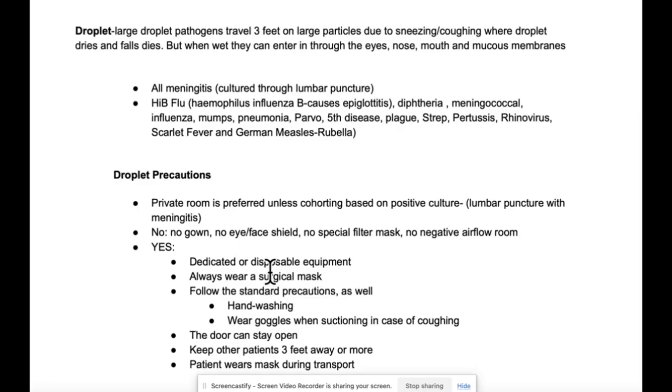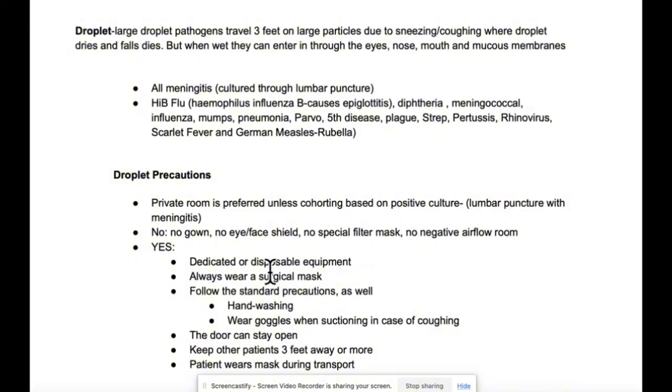Lumbar puncture is the way we find out what these folks have, all right, when we have suspicion. So you definitely want to check out the meningitis care plan so that you can see those unique assessment findings that make it meningitis. Okay, you want to be able to identify the unique signs and symptoms on the NCLEX and know that these folks can be boarded together again or cohorted when they've been cultured.